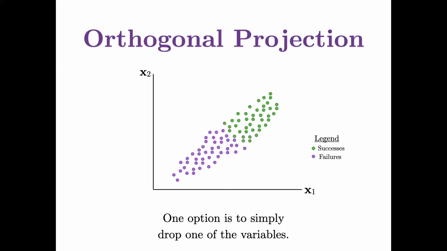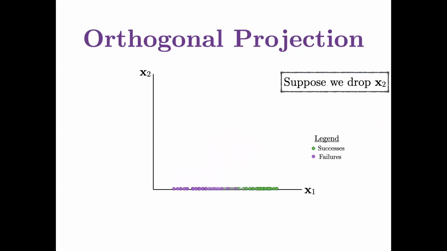So one of the options is to simply drop one of our variables. Let's do that. Let's suppose we drop x2. Well, that would mean the resulting data is one-dimensional in nature, and it only involves the coordinate along x1. Again, that's an orthogonal projection of the data onto x1.